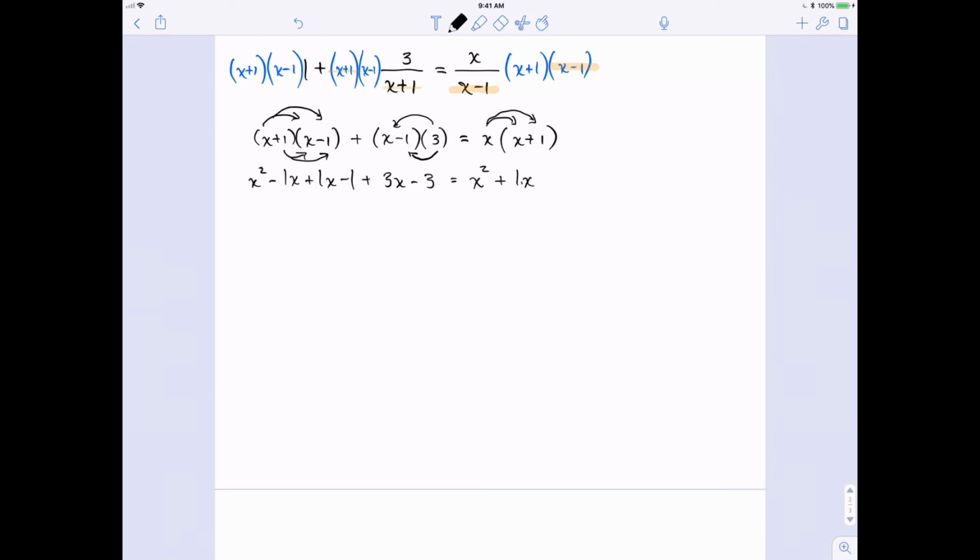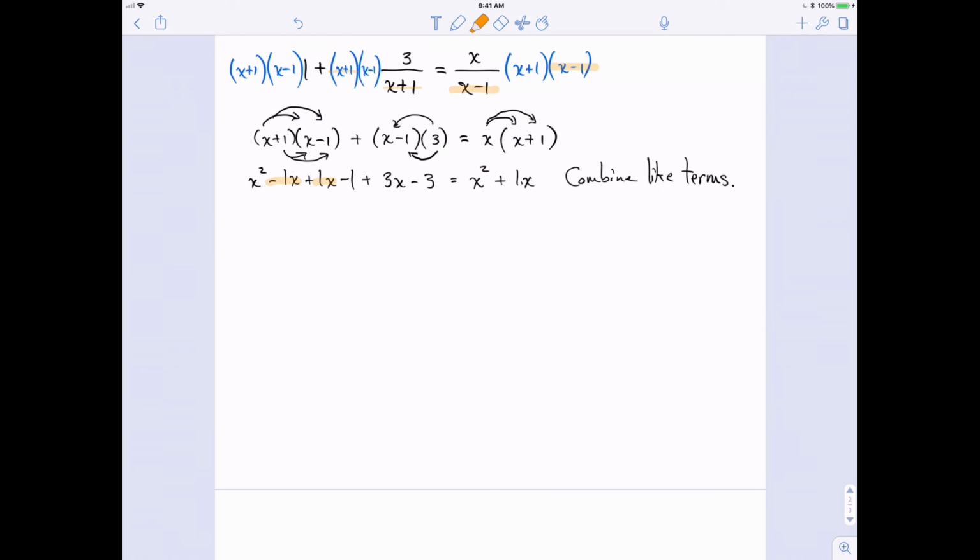Now, let's clean up by combining like terms. So what do I have? On the right-hand side, there's a minus x and a plus x, so that's 0.